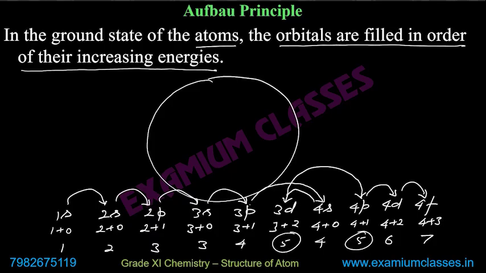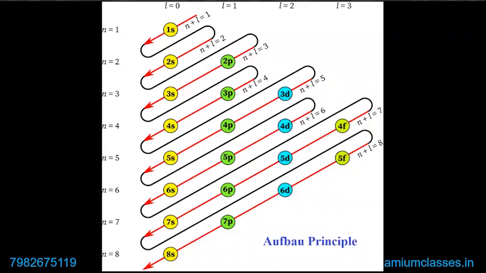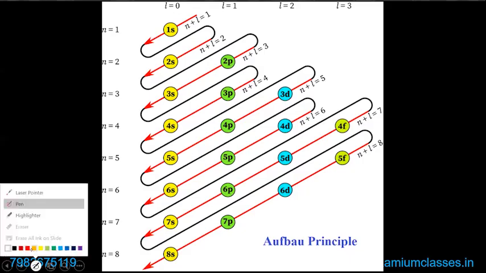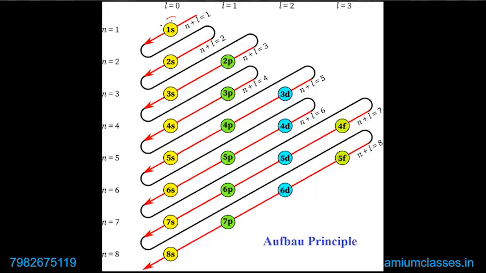Now, how do you find this sequence? How can you write these orbitals so that you get this sequence very easily instead of writing in this manner and getting confused? There is a way to write it. You will write it as how many orbitals can be there in a shell. So for n equals 1, there will be only one s. So you will write only 1s. For n equals 2, 2s, 2p will be there.